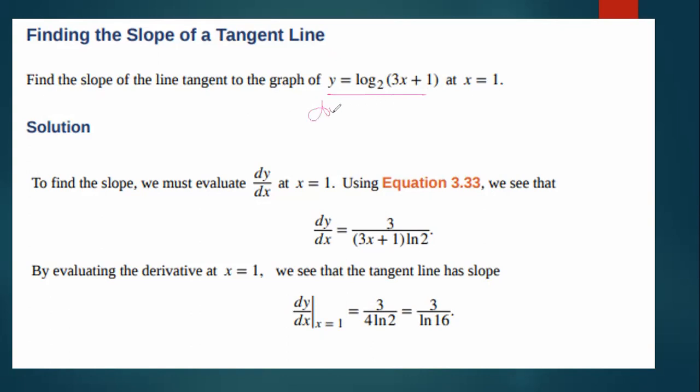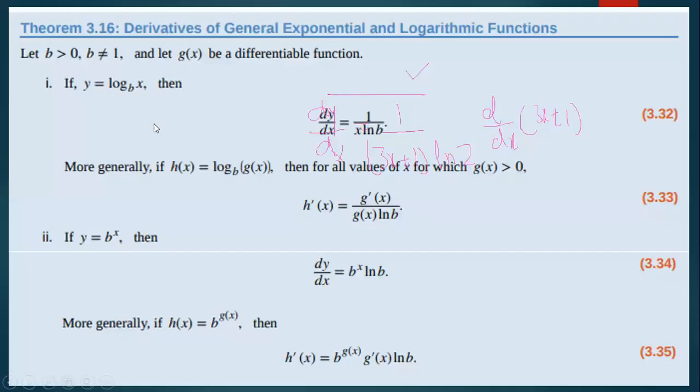So the derivative dy upon dx will be 1 upon (3x + 1), then log of 2, then taking the derivative of my function, that is d upon dx of (3x + 1). This is given here, I apply this formula.